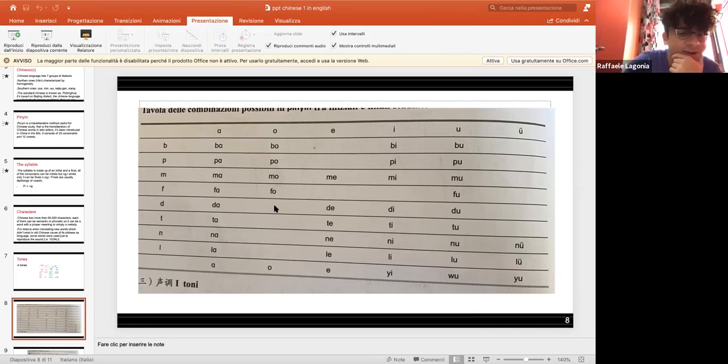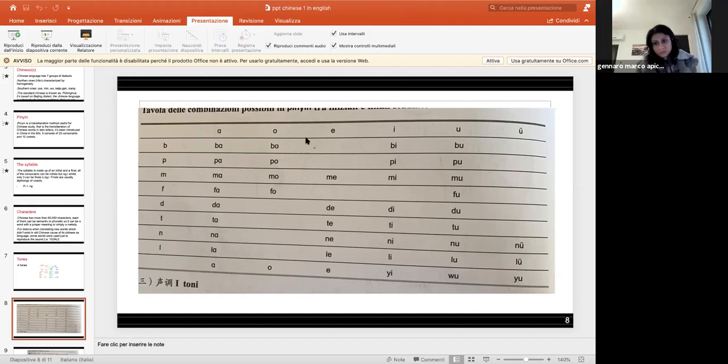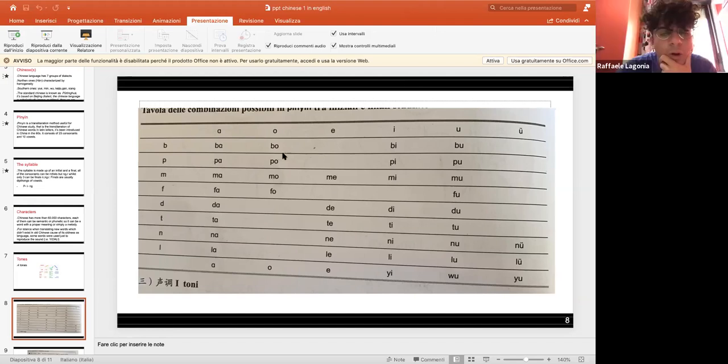Let's see the vowel O. So we have po, po, mo, fo. And then we don't have combinations with D and O, T and O, N and O, L and O.